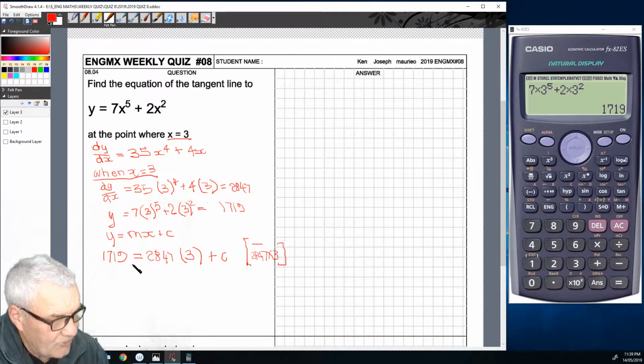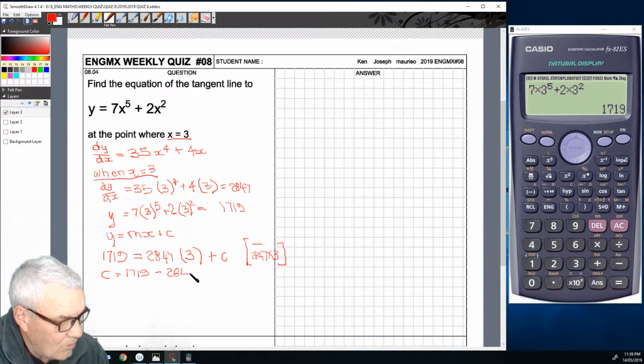We're going to get c equals 1719 minus 2847 times 3.